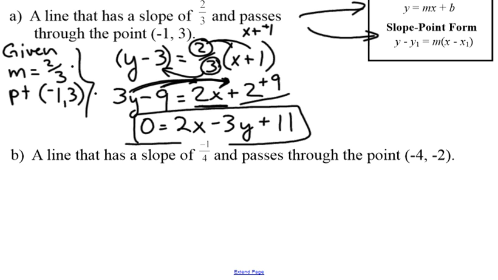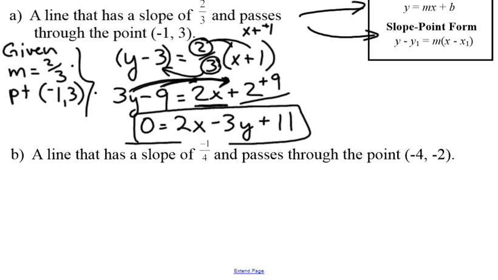So B, let's take a look at that. Line has a slope of negative 1/4 and passes through the point negative 4, negative 2. Well, in that case, what was given? We're given a slope of negative 1/4, and we're given the point negative 4, negative 2.